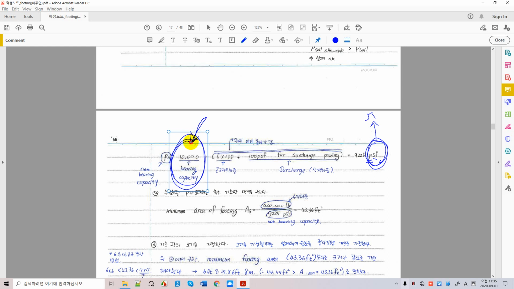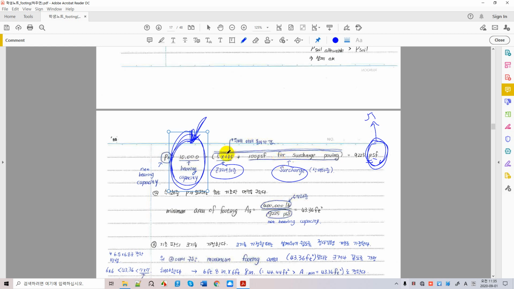We will receive this value from a separate soil report. But we cannot use this soil bearing capacity directly because we have some other loadings and stresses coming from concrete and coming from surcharge. As I told you, surcharge is the loadings coming from the ground, which is traffic and pedestrian loadings, all that.